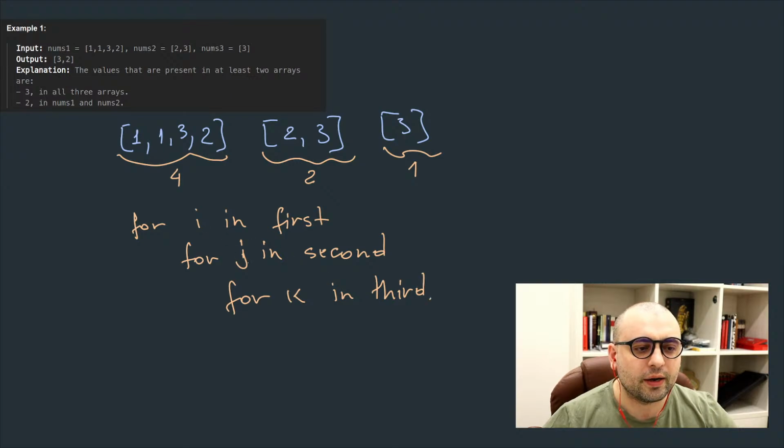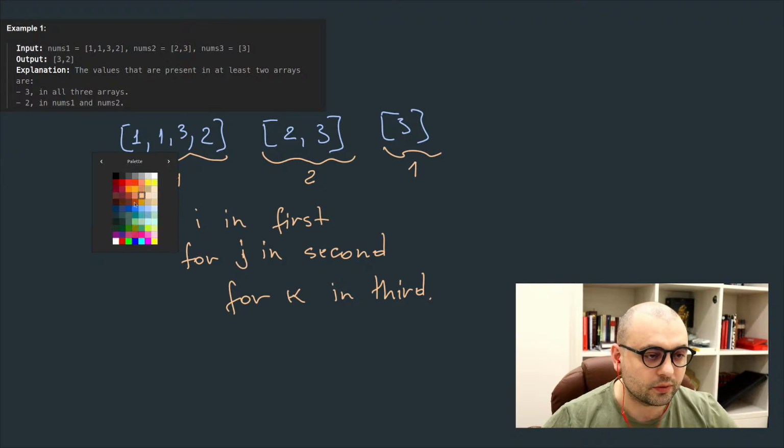If I see i and j or k, this means we have an item in at least two of them, and we can add it to the result. So this is an option.